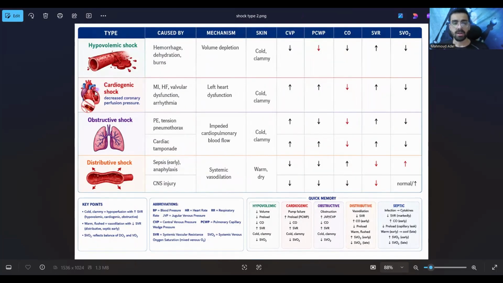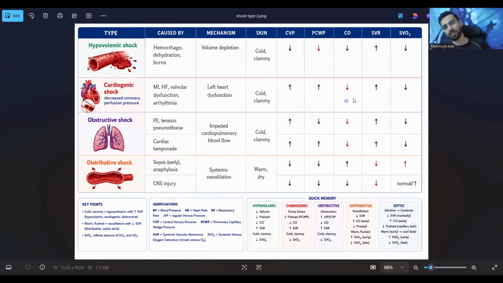In a cardiogenic shock scenario, the heart can't push the blood forward. So the blood accumulates and gives a back pressure, okay? And that can be seen as a high PCWP, which reflects the left atrial pressure, and a high central venous pressure. And the high central venous pressure can be seen in physical examination as a distended jugular vein, okay?